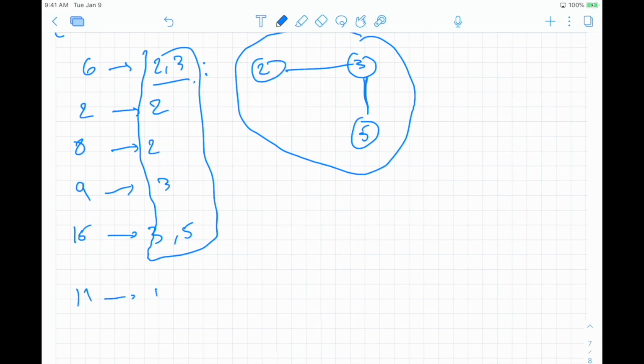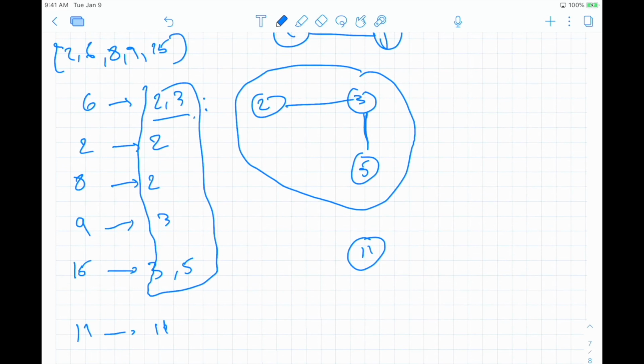So 11, the only prime factor is 11 itself. So we'd have 11 here, not connected to anything. So immediately here, we have 2 connected components and we can return false. So the core idea here is, let's not actually build a graph of the indices. Let's build a graph of the prime factors of the elements.